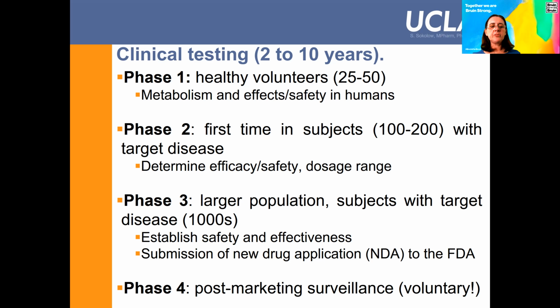And so phase 4, the post-marketing surveillance, is to see, okay, now that we went from 1,000 or 10,000 subjects in the trial to 100,000 to millions of subjects who are going to receive either a drug or a vaccine, what safety data are we collecting? How often are we seeing adverse effects and adverse reactions?